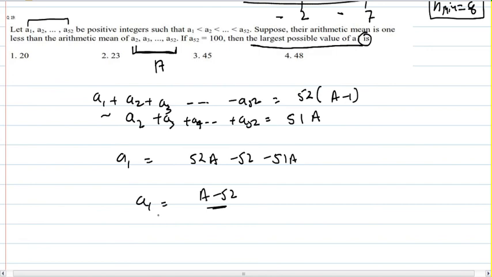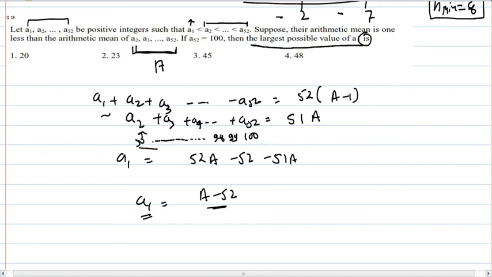Now, to get maxima or minima of a1, what I suggest you is you focus on these terms because a52 is the largest term, and if these terms are closer, a1 will increase. So what are the closest values that I can have? 100, 99, 98 and so on and so forth up to 50.